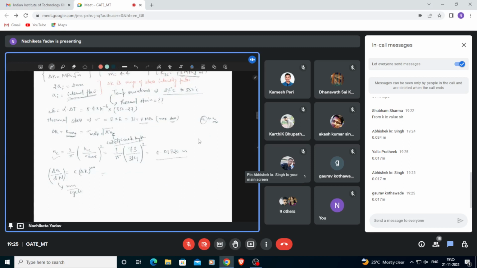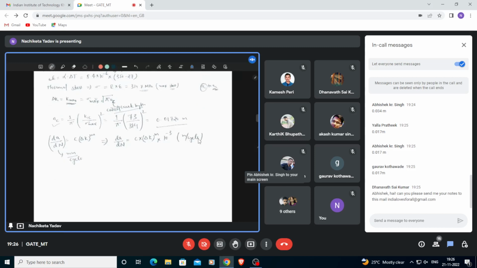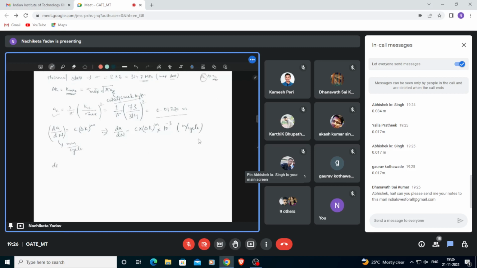So if we calculate da/dN equals C into delta K to the power m, we multiply by 10 to the power minus 3 to make it meter per cycle. So what will be the dN value? We can write dN as dA divided by C into delta K to the power m, with the minus 3 factor.